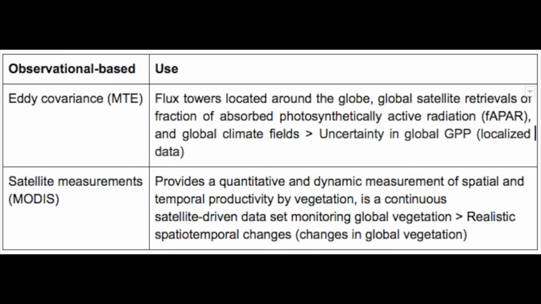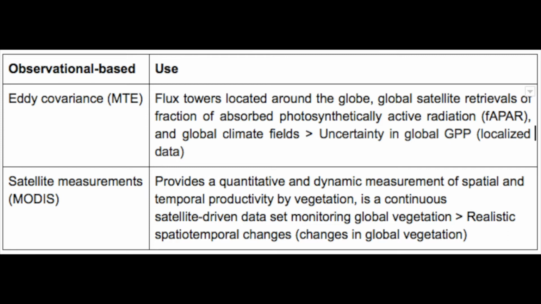Primary productivity estimates are collected from two different observation-based data sets, Model Tree Ensemble and Moderate Resolution Imaging Spectroradiometer, MODIS. The first one is a data-driven model based on eddy covariance data, and the second is a data-driven model based on satellite measurements.